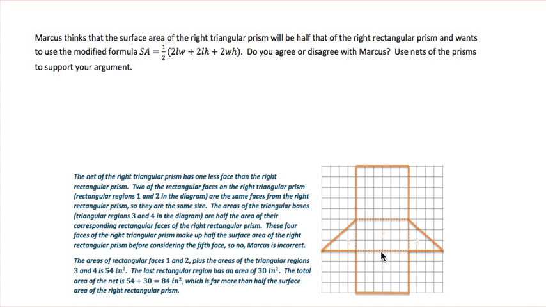It does not have the 4 like the other. So the two rectangular faces of the triangular prism, these two, are exactly the same size. The areas of the triangular bases, 3 and 4, are half the area of their corresponding rectangular faces.